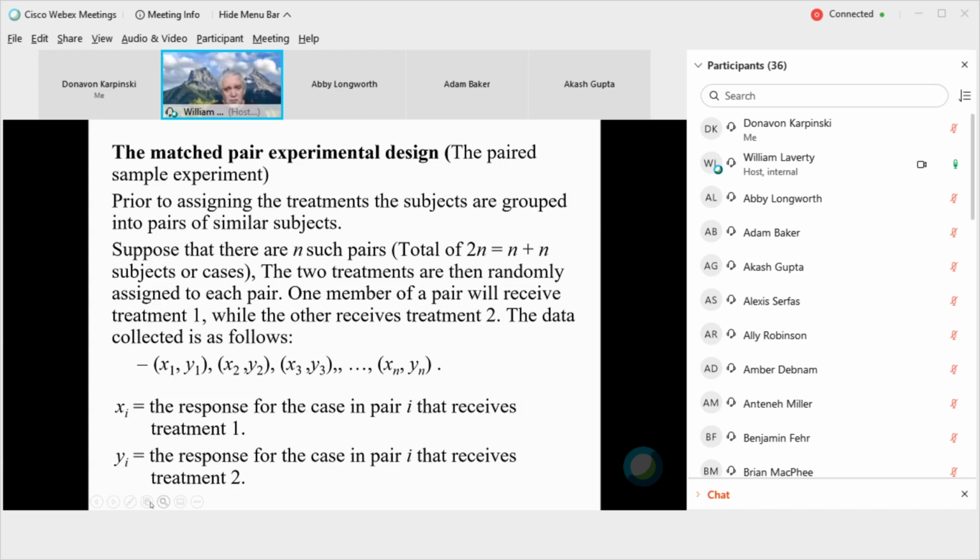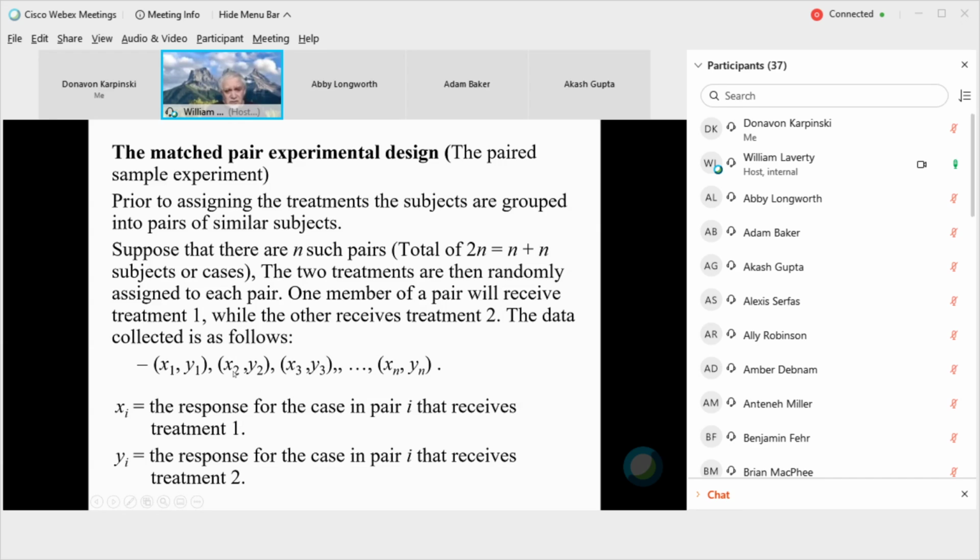So the data collected will occur in pairs, x1 and y1. X1 will be the measurement, the response for the member of the first pair that receives treatment 1. Y1 will be the measurement of the second member of the pair that receives treatment 2.